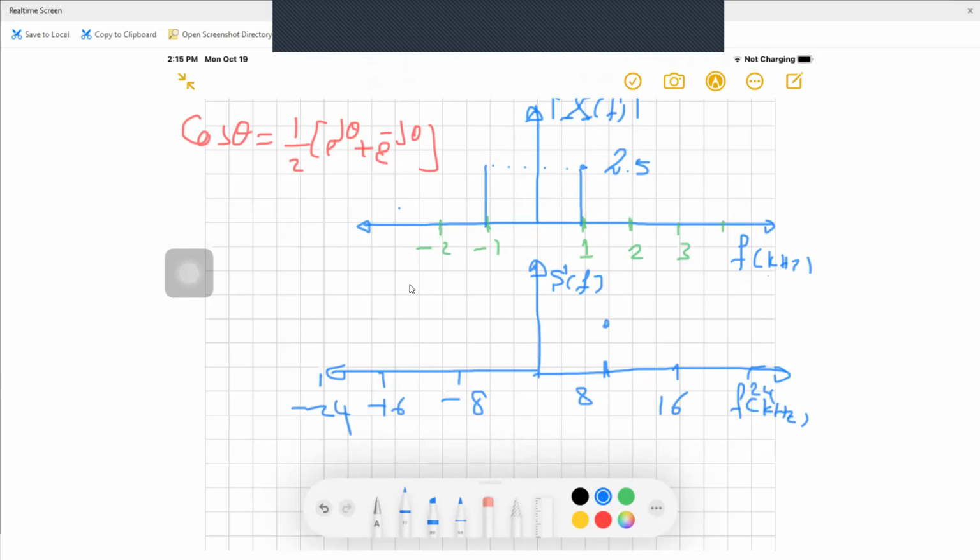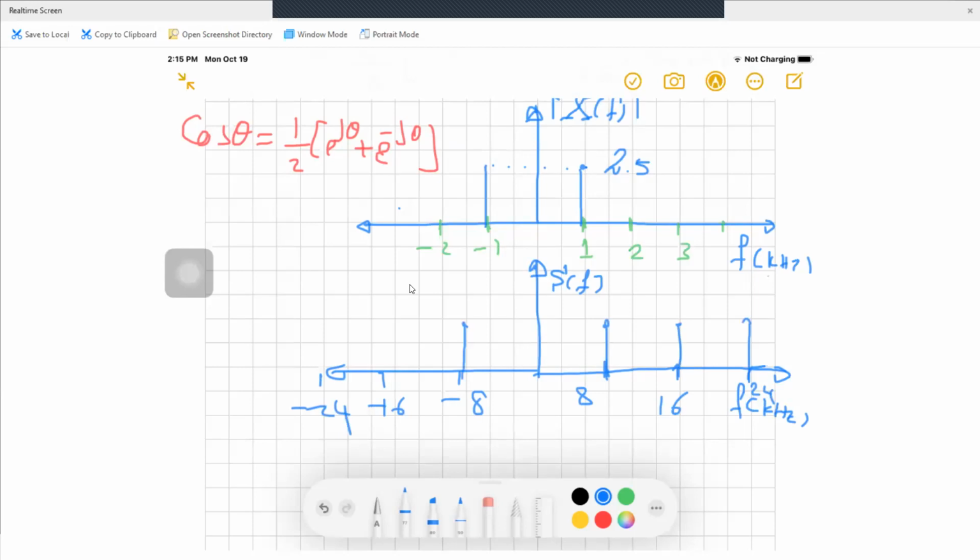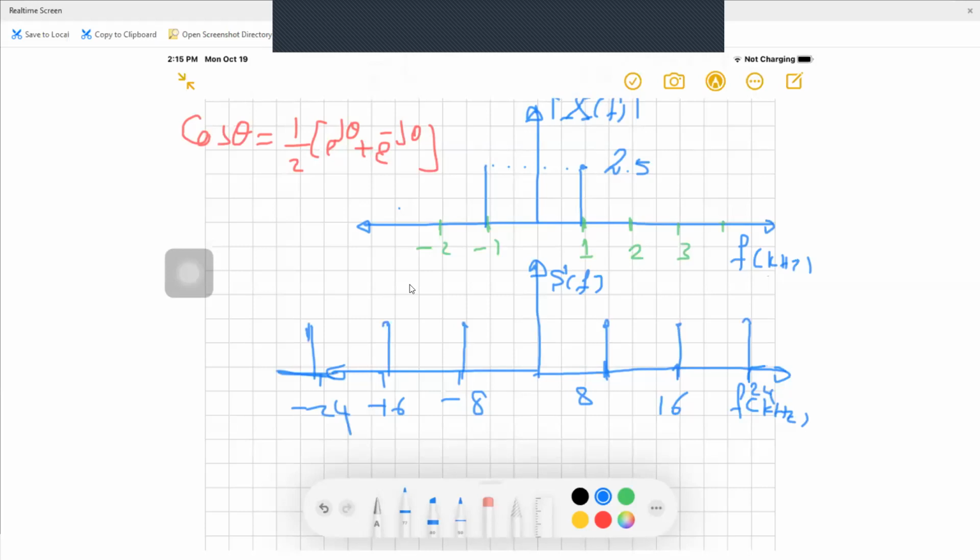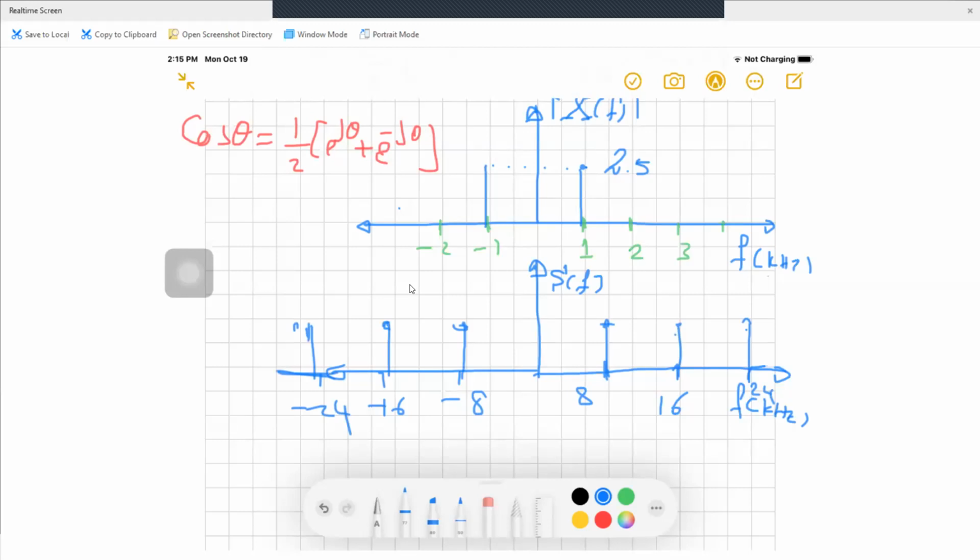These are the components of the sampling function S of f. Now, how we are going to determine XS of f? Of course, by performing the convolution between x of f and S of f.